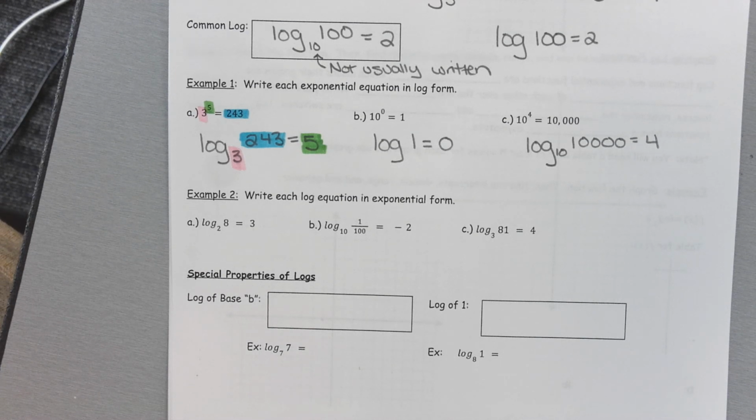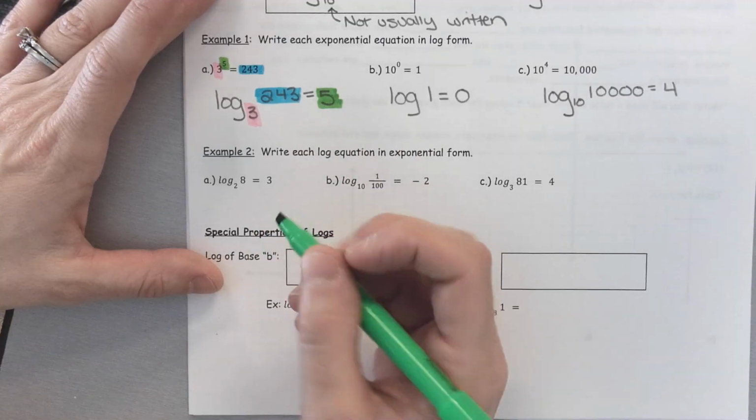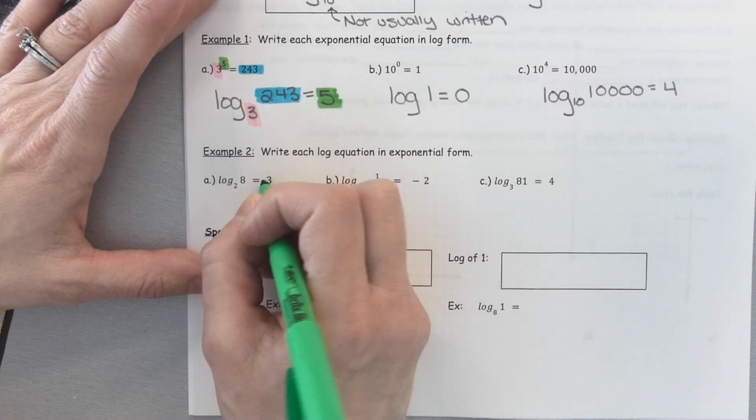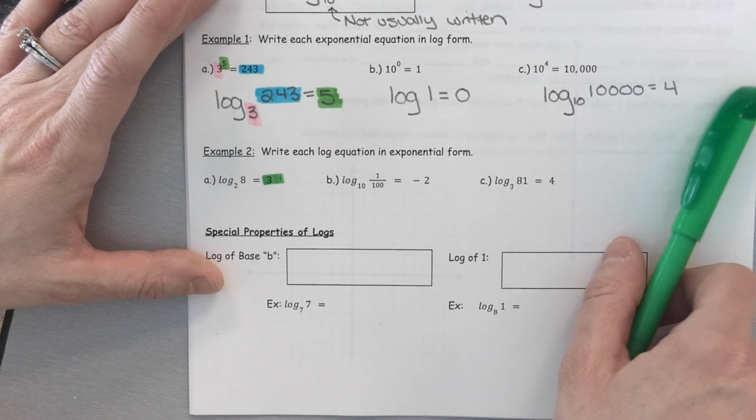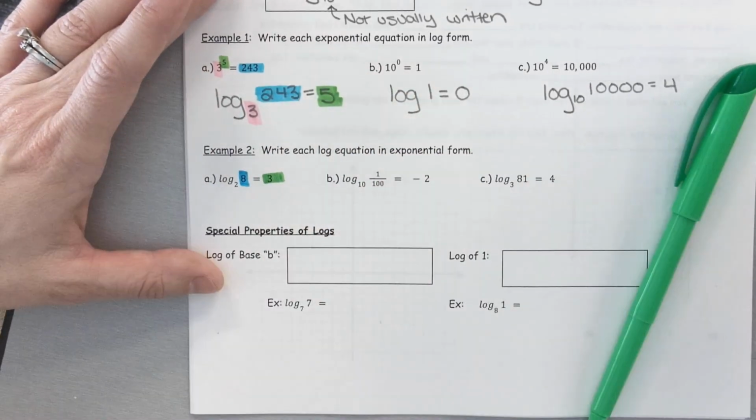All right, let's do the same thing. Look down at example 2. We're going to do the same thing, but we're going to switch the other way. So we're going to switch from something that's written as a logarithm into the exponential. So this is my exponent. I'm going to highlight again for this one, just for the first one. 2 to the 3rd.